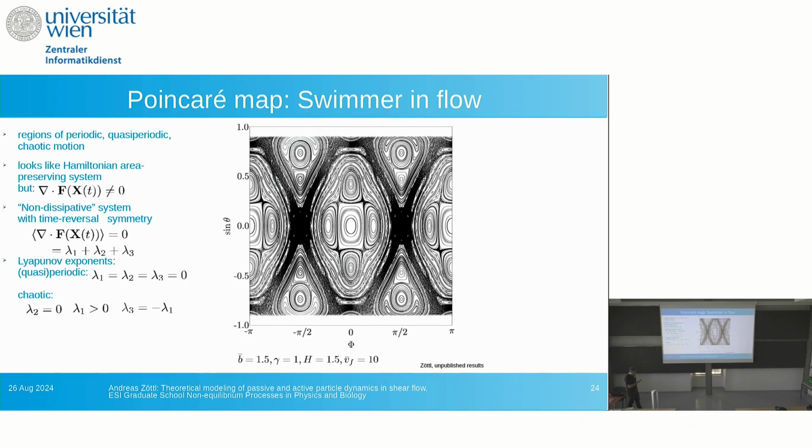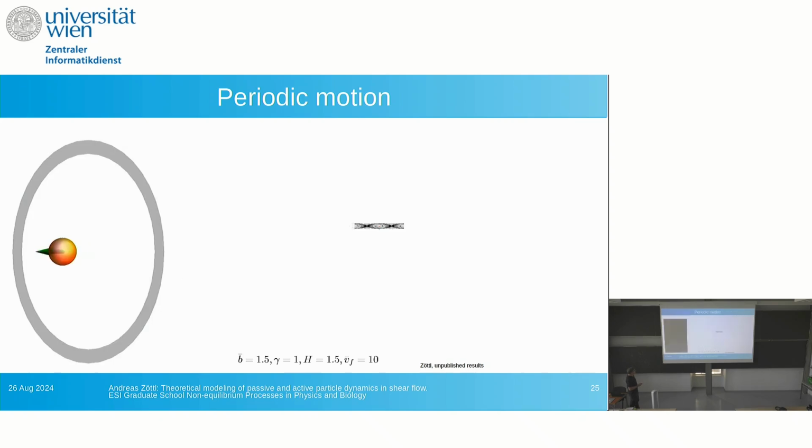I don't want to go into detail, but you can really see that these black areas and lines, these are really just dots. Just dots you measure while going through a specific plane in phase space.